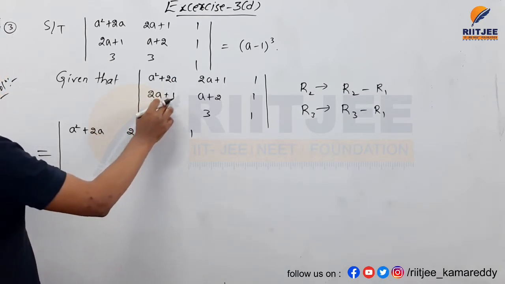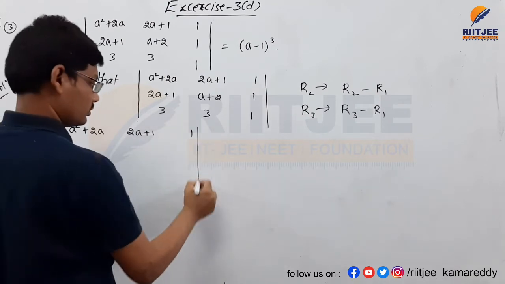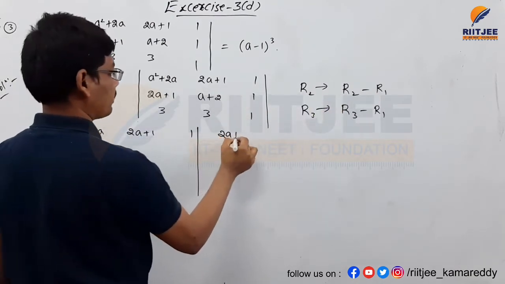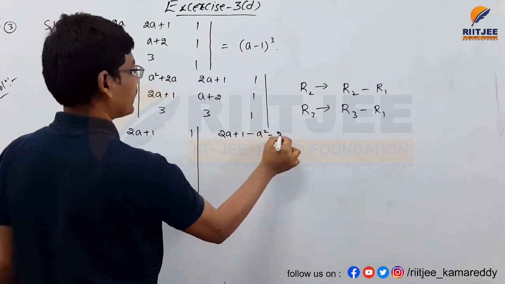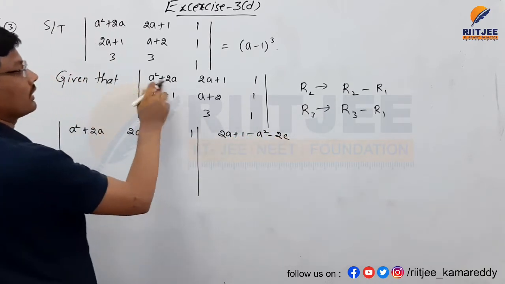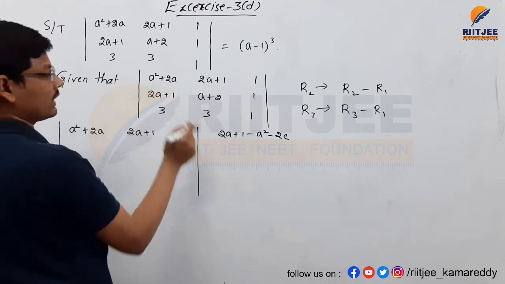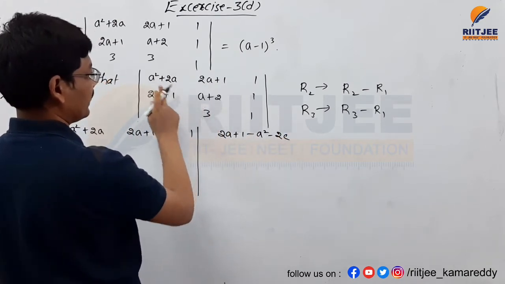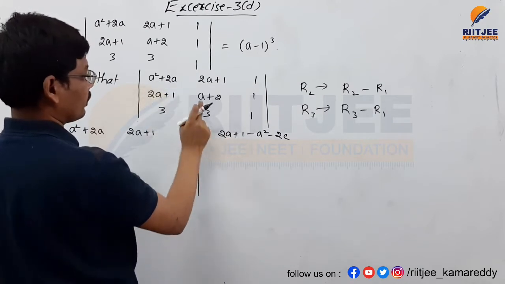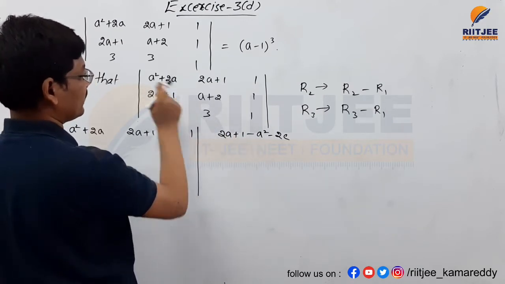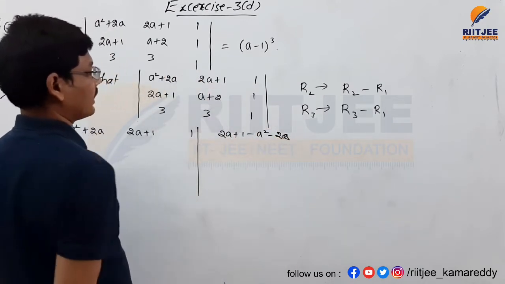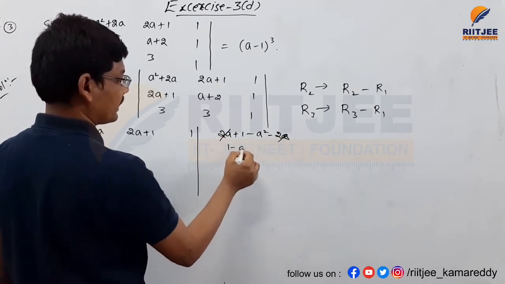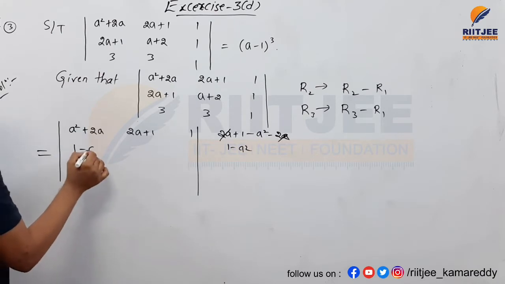So 2a plus 1. R2 minus R1 is nothing but 2a plus 1 minus a square minus 2a. This minus term will apply for all the terms here. Here 2a plus 1 minus a square minus 2a, 2a minus 2a get cancelled, I am writing 1 minus a square.